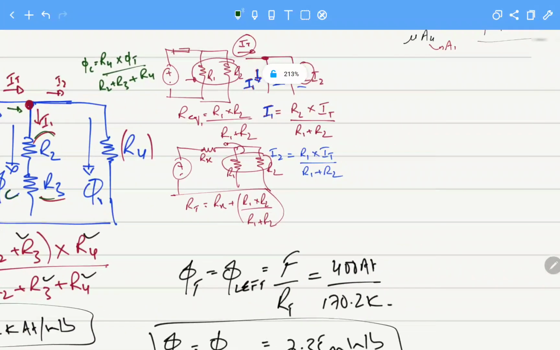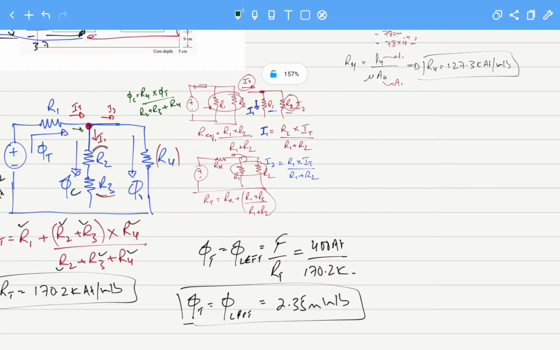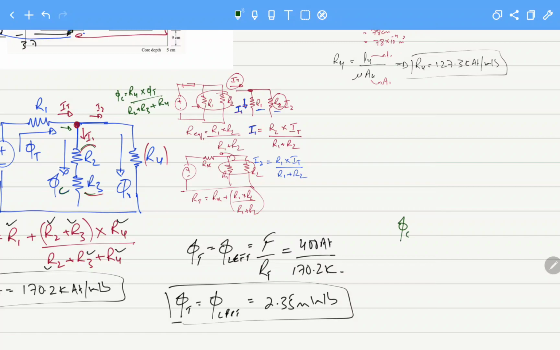So I can calculate flux in the center branch will be equal to R4 into flux T divided by R2 plus R3 plus R4, and this will become 1.56 milliwebers.